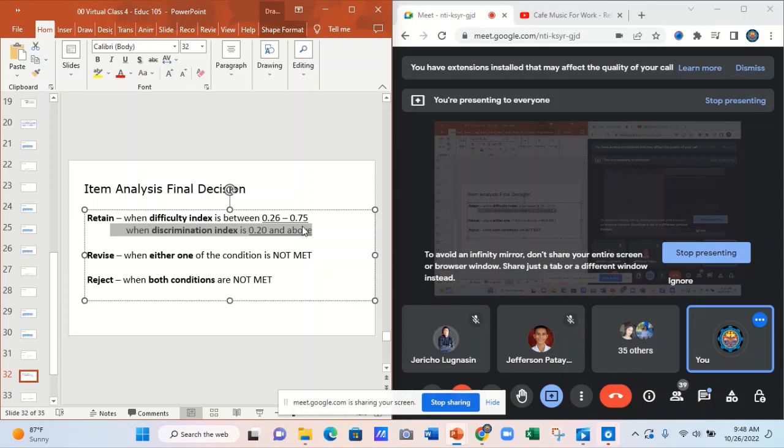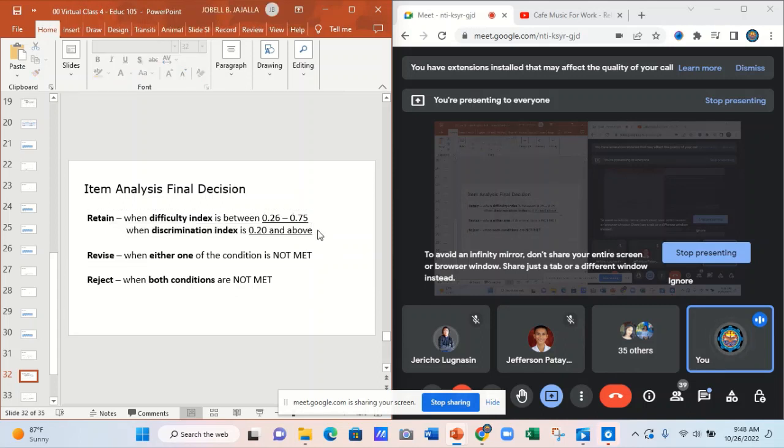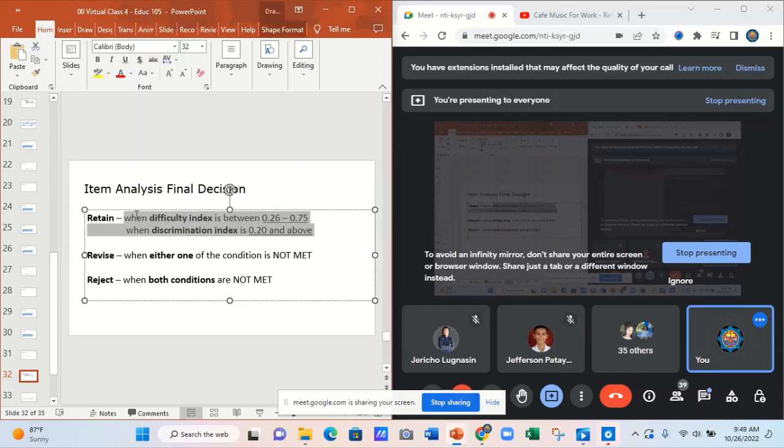So both of these conditions must be met at the same time. Otherwise, if one of the two is not met, we revise the item. Remember, if one of the two is not met, we revise the item.